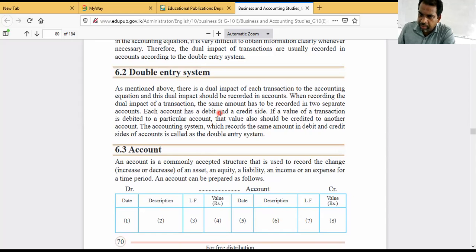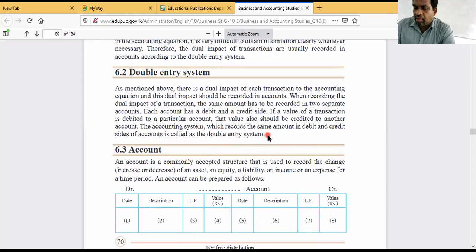Each account has a debit and a credit side. If a value of a transaction is debited to a particular account, that value also should be credited to another account. The accounting system which records the same amount in debit and credit sides of accounts is called the double entry system. What do you mean by double entry system?